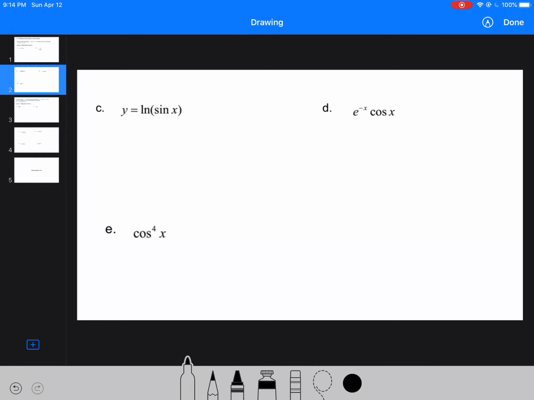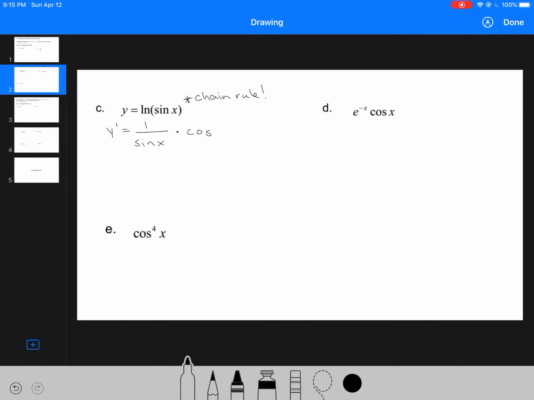Our next example is with a ln function. So y equals the ln of sine x. So here we've got a function within a function, so we're going to have to use the chain rule. Exciting. And so what we're going to do to take the derivative is go 1 over the argument of the ln, because that's the derivative of the ln.